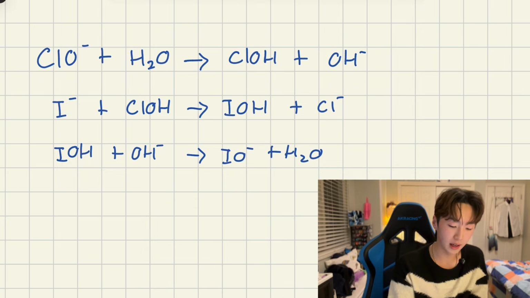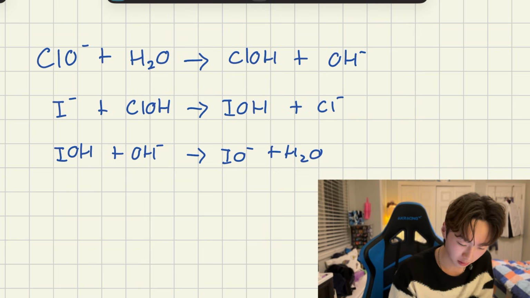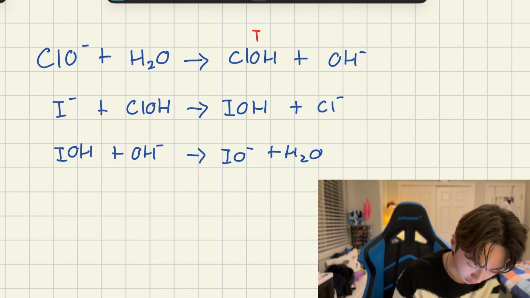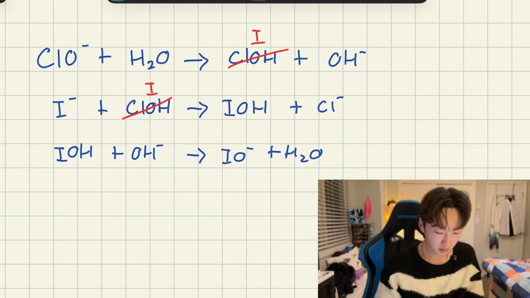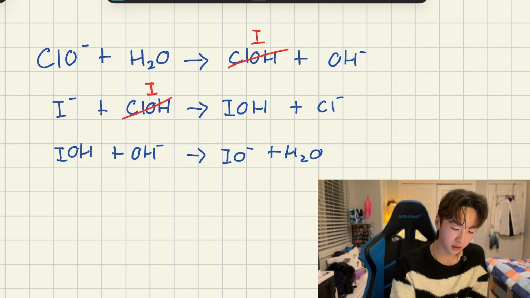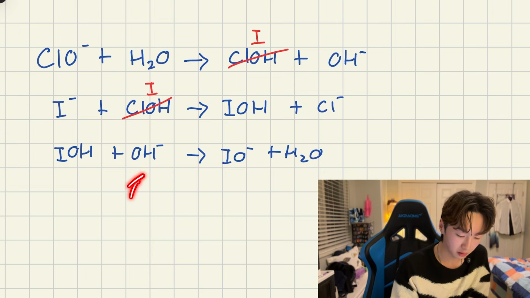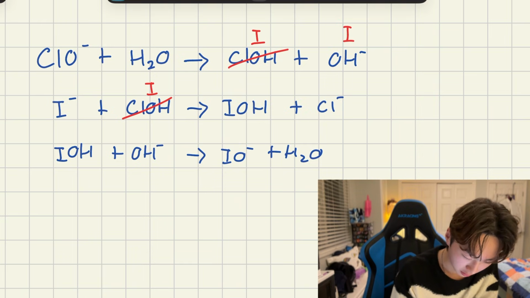As it's being made in the first step, it's being consumed in the second step. So that's going to be one of our intermediates. I'm going to label it as I and cancel them out. Next I see that our OH minus here is being produced and then being used up in the third step. So that's also an intermediate.